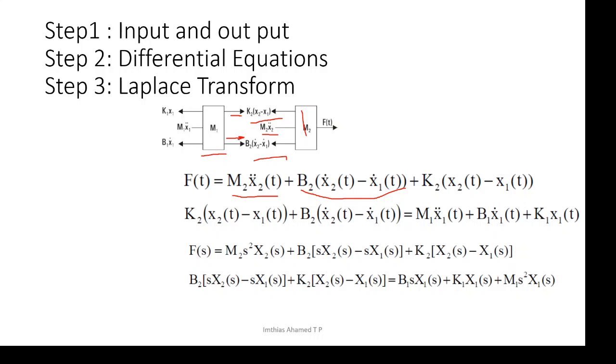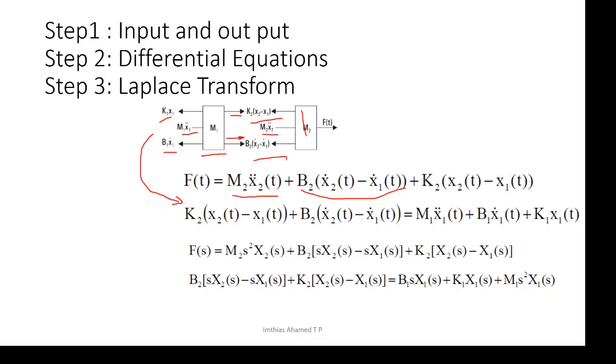This is equal to what? m1 x1 double dot plus b1 x1 dot plus k1 x1. So corresponding to mass m1, the equations are here. I'll repeat again. K2 into (x2 minus x1) plus b2 into (x2 dot minus x1 dot) is equal to m1 into x1 double dot plus b1 x1 dot plus k1 x1.